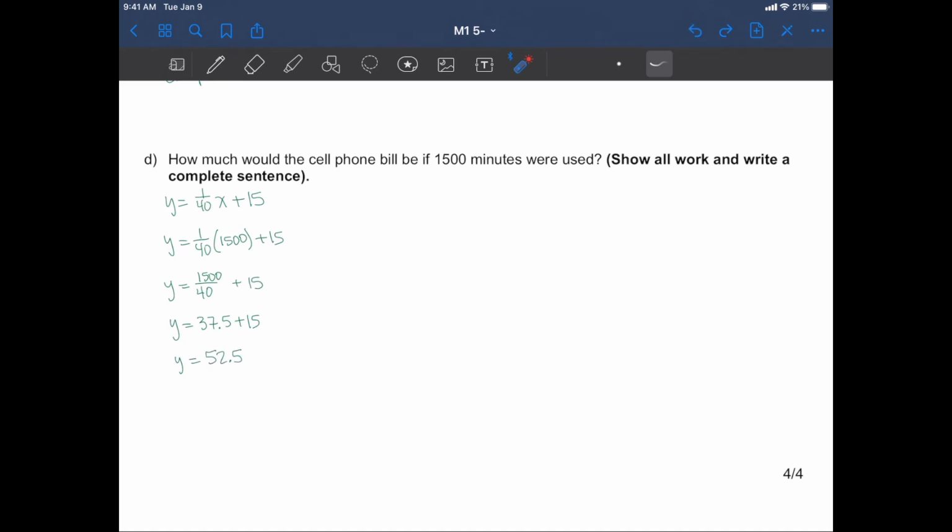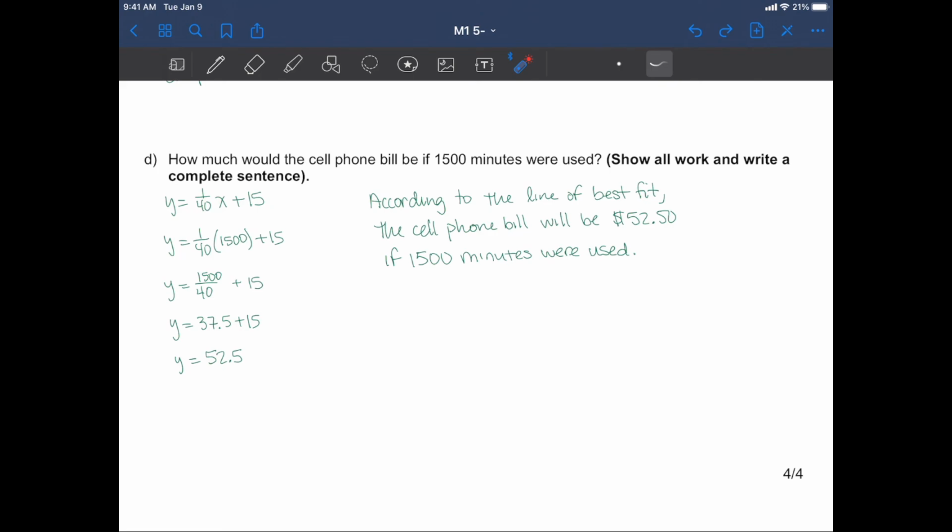So 52.5 is what I get for the y value, which represents the cost of the bill. The first thing you want to do whenever you're writing a complete sentence when you're talking about scatterplots is to say according to the line of best fit. That's only according to the line of best fit, because we use the line of best fit to make this prediction. And then you go ahead and say the cell phone bill will be $52.50 if 1,500 minutes were used.